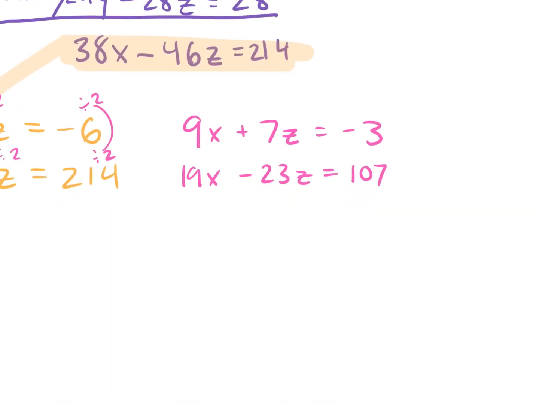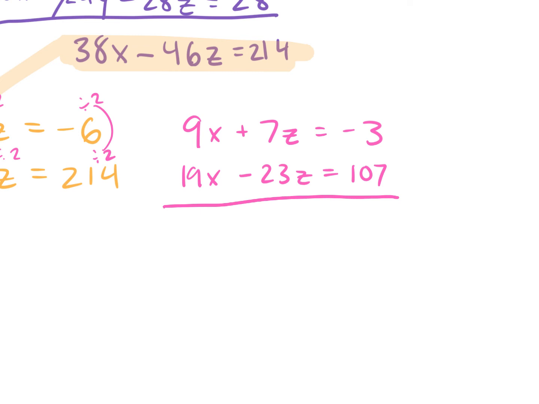All right, what's next? We want to get what to cancel? Either the x's or the z's. I'm going to say let's get the z's to cancel since they're opposites. But I need them to be the same coefficient. So what can I do to get them to be the same coefficient?